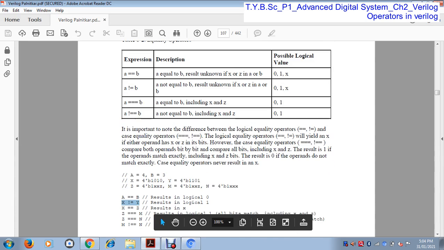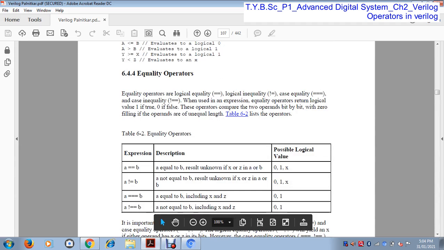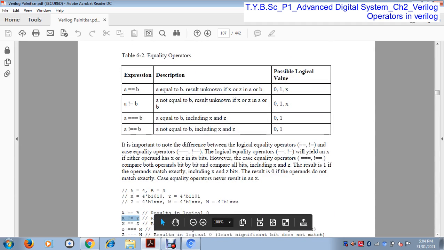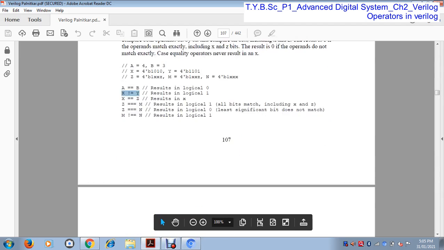So in this way the logical equality operator works. If we use an equality operator in an expression, if the expression is true, then it gives the result 1, and if the expression is false, it gives the result 0.